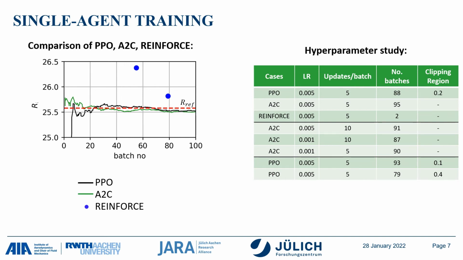A study of hyperparameter tuning for parameters such as learning rate and number of updates of the weights of the neural network was performed on the A2C algorithm, and the changes in the clipping region were studied on the PPO algorithm. All these studies resulted in a similar efficiency of the A2C and PPO algorithms. Hence, both need to be investigated in more complex setups.